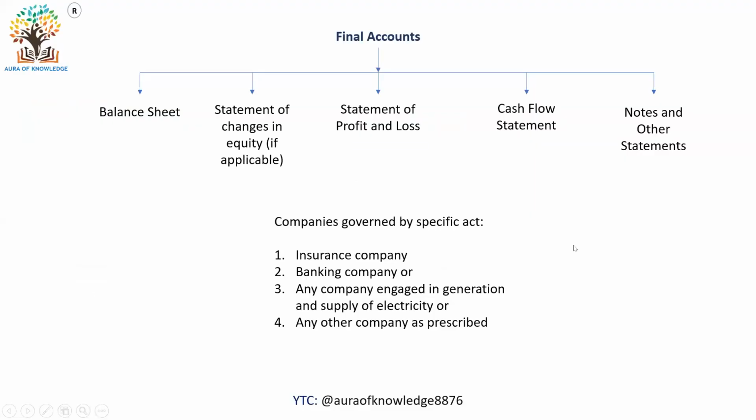Okay. If you remember, I have told we will discuss financial statements with respect to IGAAP only, not Ind AS. So whatever I am talking about now will be applicable for IGAAP financials only, not Ind AS financials.